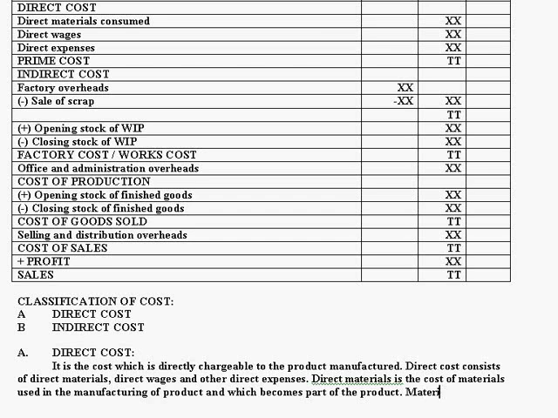Materials of insignificant value are considered as indirect materials and shown as factory overheads.